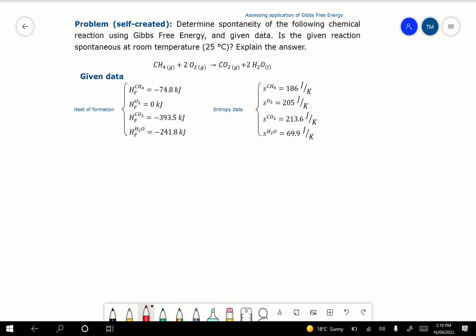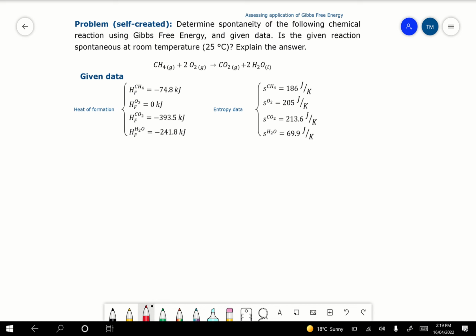Given data means entropy data is given. Is the given reaction spontaneous at room temperature, which is 25 degrees Celsius? Explain the answer. So basically, we have oxidation of methane, and oxidation of methane is making carbon dioxide and water.